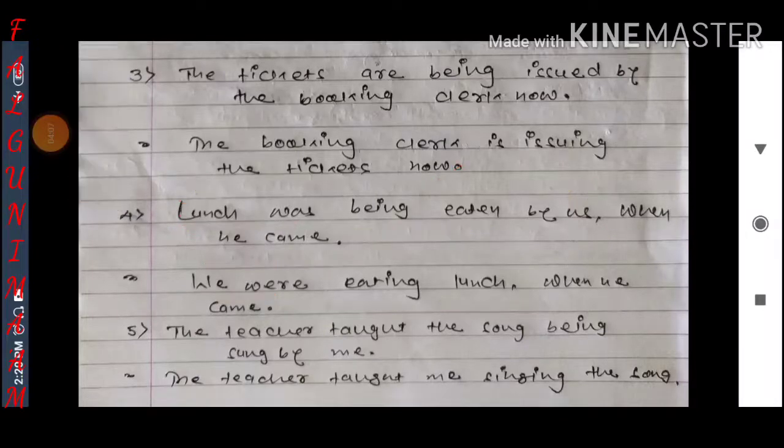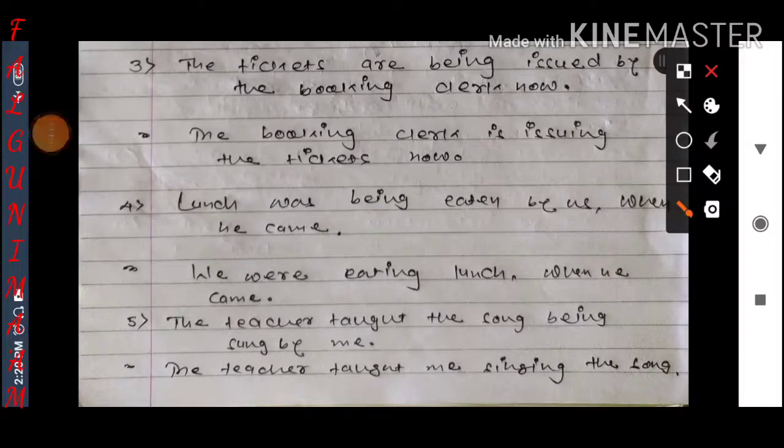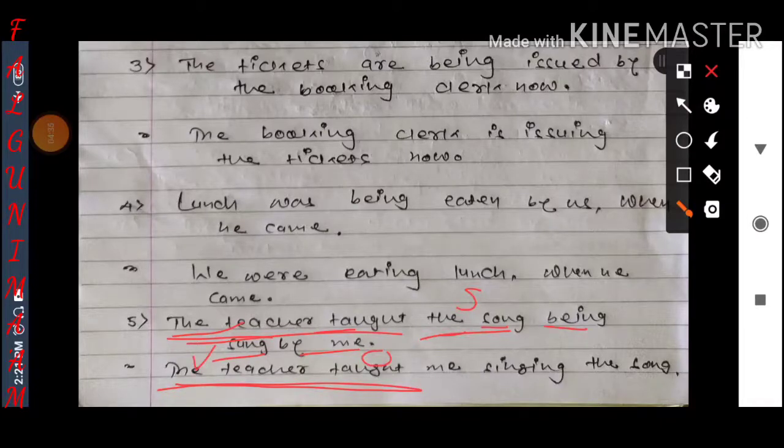Fifth one: The teacher taught the song being sung by me. I think this one is a little bit different sentence, right? So just pay attention. Now the teacher taught remains the same, there will be no change, but your change starts with the song. Here the song is the subject, sung is the verb and me is the object.